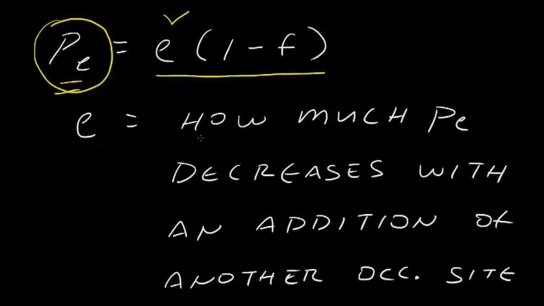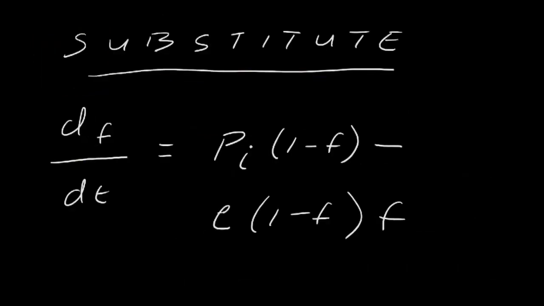We might call it how much the probability of extinction of a site decreases with the addition of another occupied site. As more sites become occupied, how much does the probability of extinction decrease? So it's a measure we would use to capture the strength of that rescue effect.